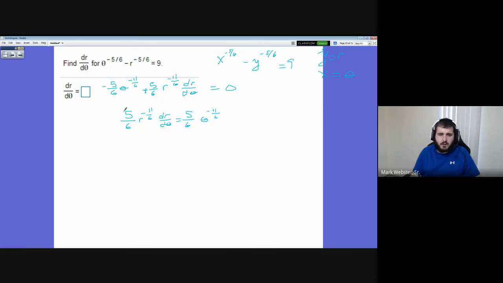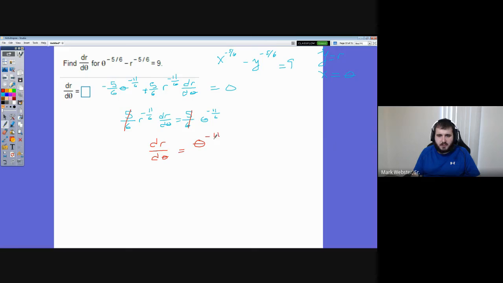And also, if you notice that you got a 5 6 here and a 5 6 here, you can cancel those out, right? Don't make your life hell. Make your life easy. Then I'm going to divide by r to the negative 11 over 6, leaving us with theta to the negative 11 over 6 over r to the negative 11 over 6.